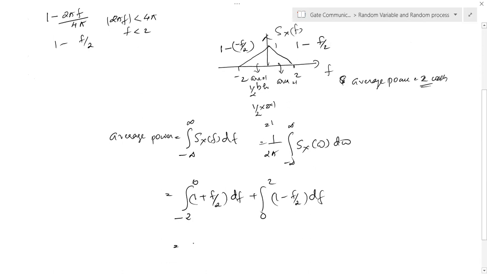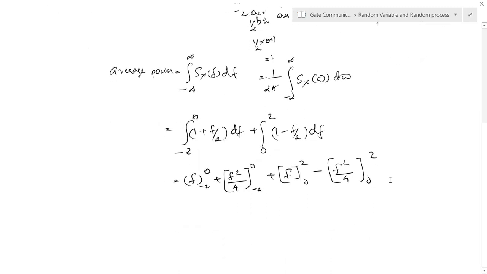If you integrate it, you'll get f from minus 2 to 0 plus f square by 4, because there is already a 2, from minus 2 to 0, plus the second term is again f minus f square by 4, from 0 to 2.